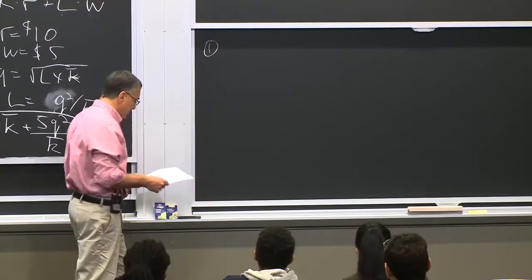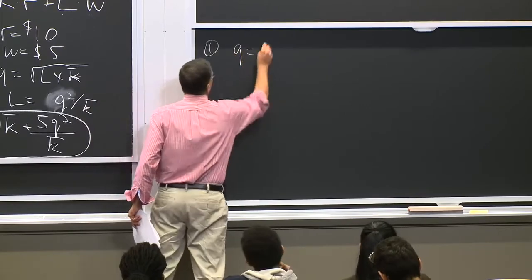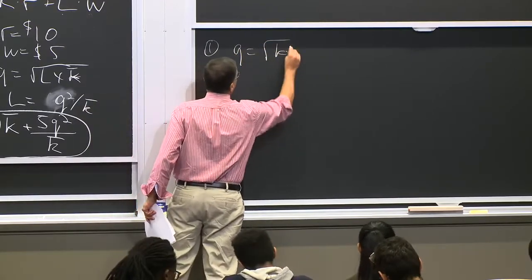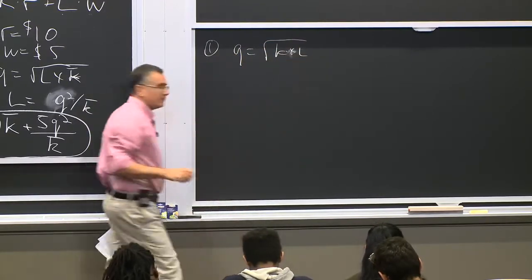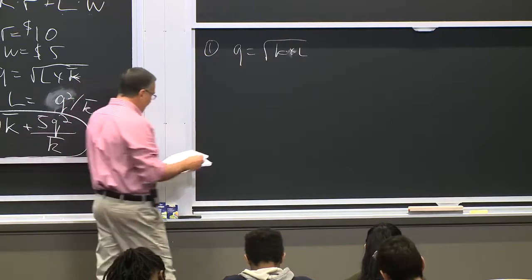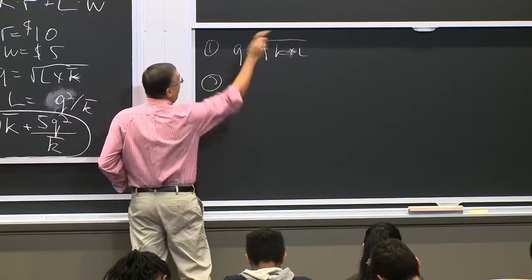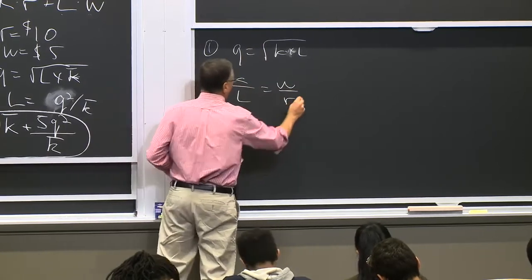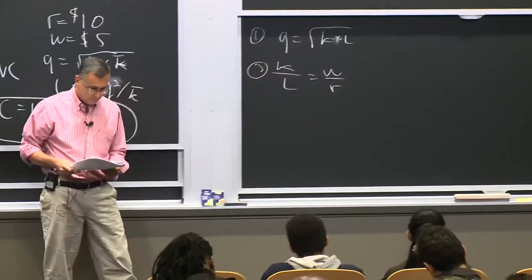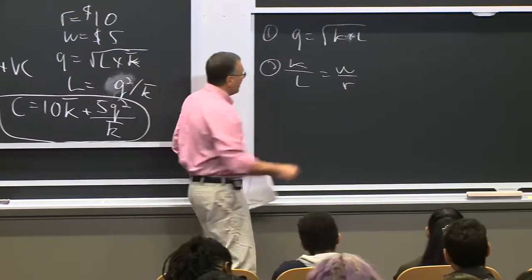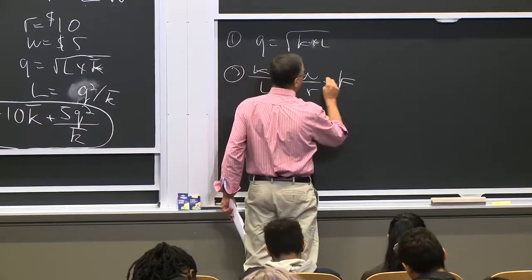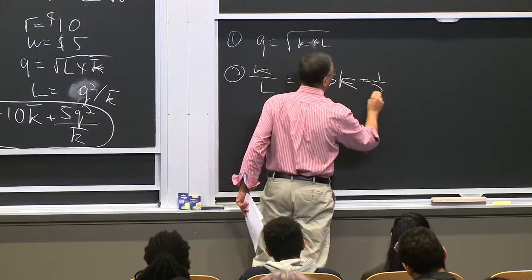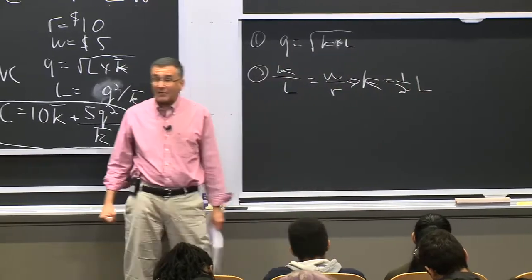Step 1, Q equals the square root of K times L. Step 2, we know from up there that K over L equals W over R. We derived that. Leading us to the conclusion that K equals 1/2 L. We just derived that.